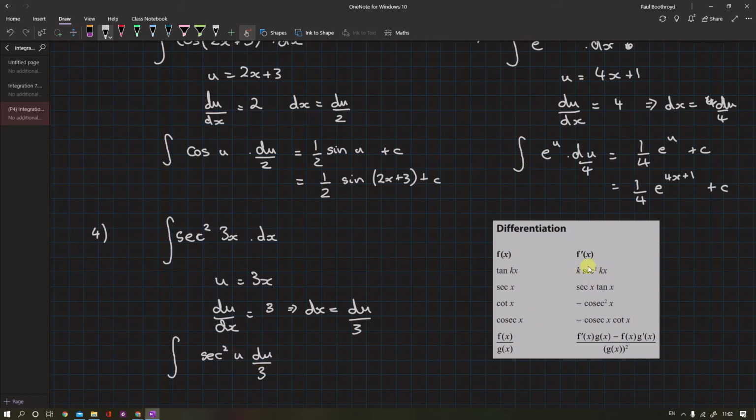From our standard definition here, sec squared we now know becomes tan. So it becomes tan u, 1/3 of that because of the 3 on the bottom, plus a constant, which changes into 1/3 of tan of 3x plus c. And that allows me to get my integration in another form.